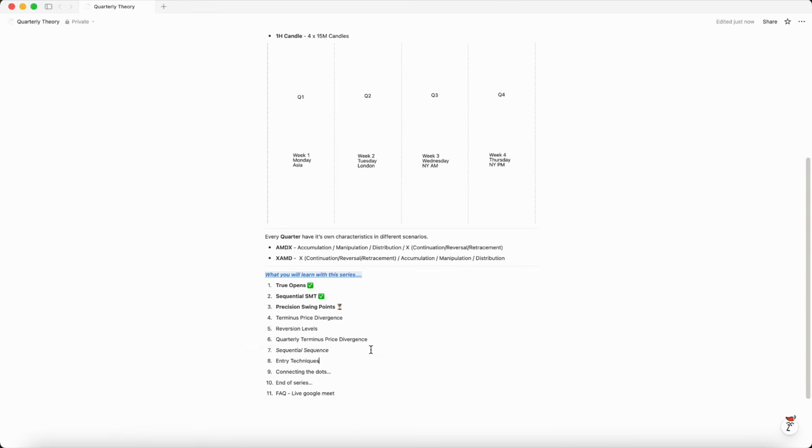I will just make it italic font, because this one comes with this one, and these two, sequential SMT, sequential sequence. I can say that sequential SMT is crucial for the sequential sequence, and this one will give you very precise entries, but it is in video number 7, so have patience.